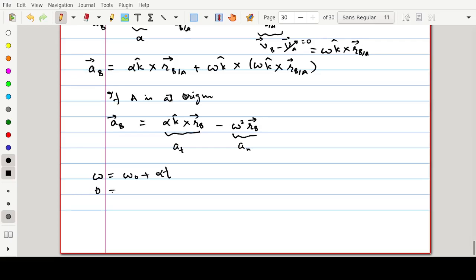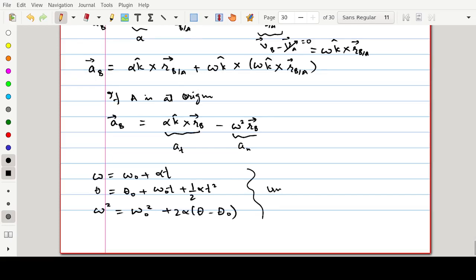Theta is equal to theta naught plus omega naught t plus half alpha t square, and finally omega square is equal to omega naught square plus twice alpha theta minus theta naught.